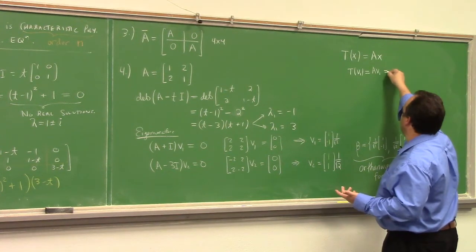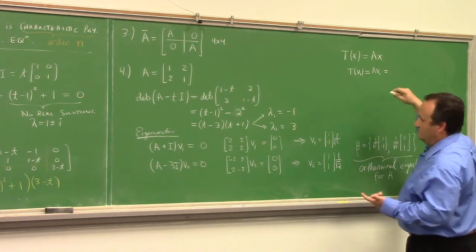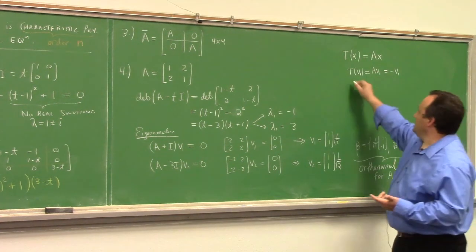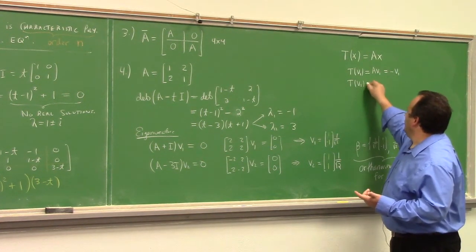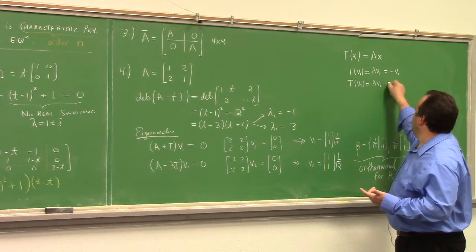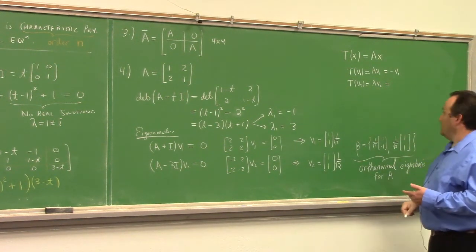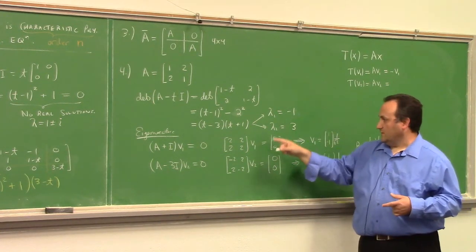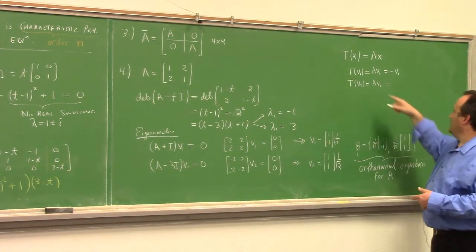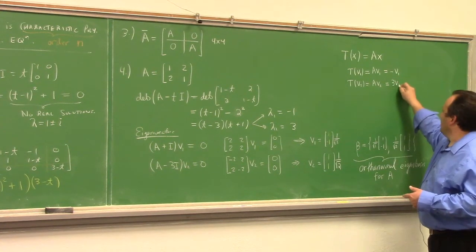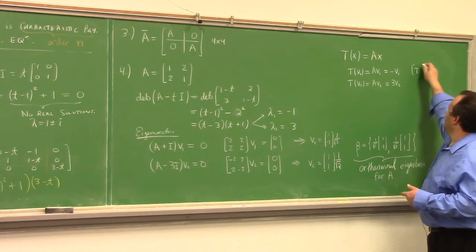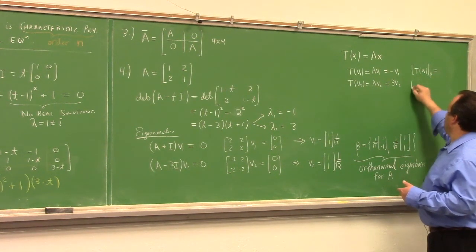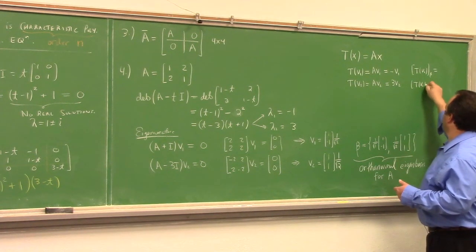AV1 was what? Minus V1. T of V2, what is it? Nope. Remember, we designed it so that A times V2 is 3V2. So what is the coordinate vector of this with respect to the beta basis?